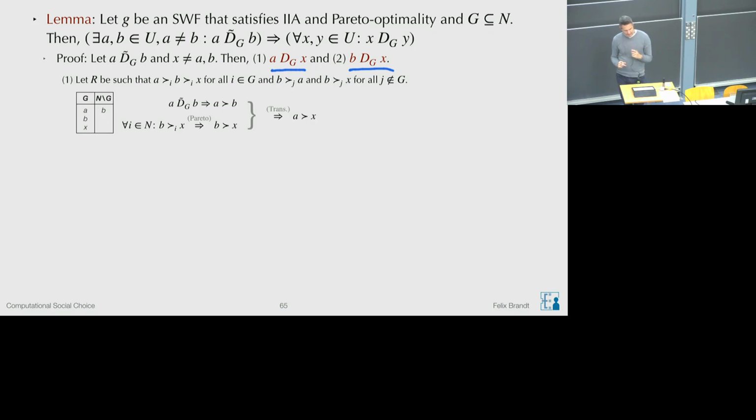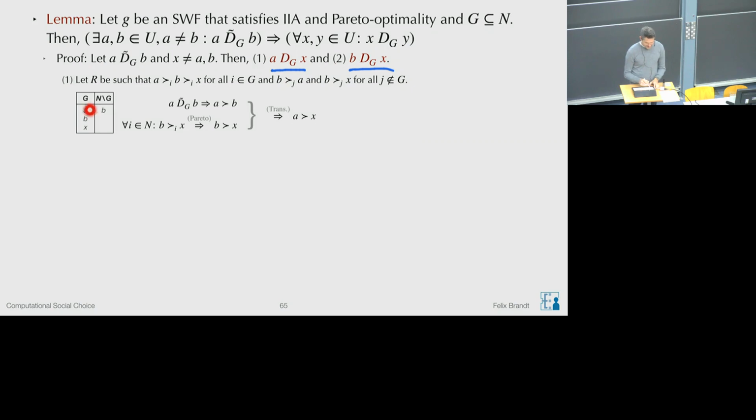Okay, and now I said we are almost done with the first part, because what do we want to show here? We want to show that G is decisive for A against X. That means if everybody in G prefers A to X, and we don't know anything about the preferences of the voters who are not in G, about their preferences between A and X, only these two alternatives, then A should be collectively preferred to X. Now here we do have a class of preference profiles.